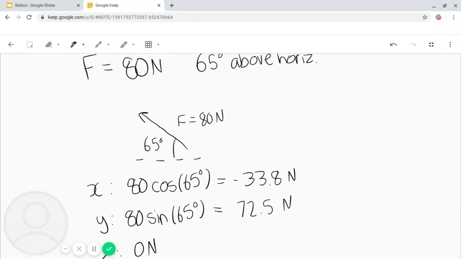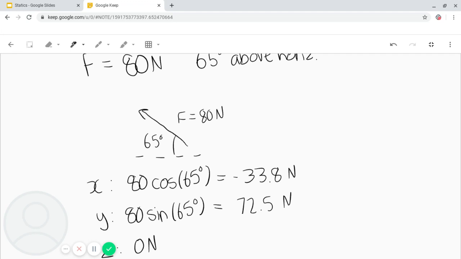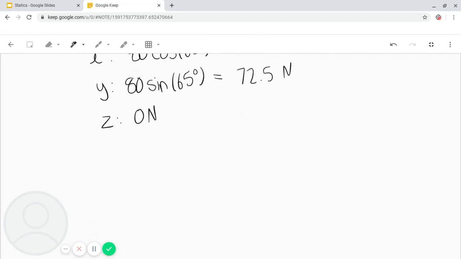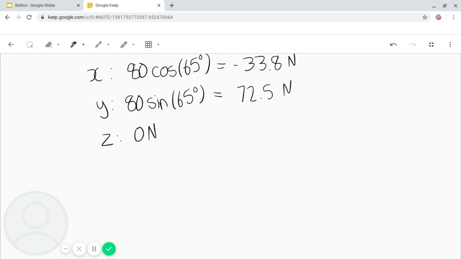But if the question were to give you a direction of the force in terms of the Cartesian vector notation, then you'd find a unit vector, multiply 80 by that unit vector. But anyhow, we found it a bit of a different way, so I'll just write it out here. So force is equal to negative 33.8 i plus 72.5 j plus 0 k.